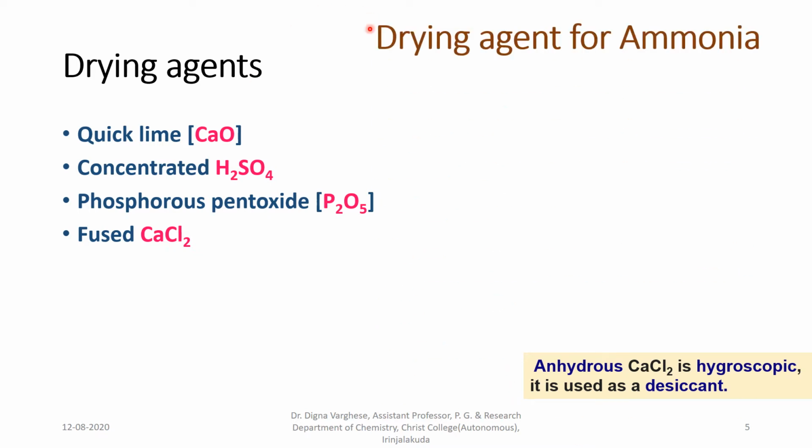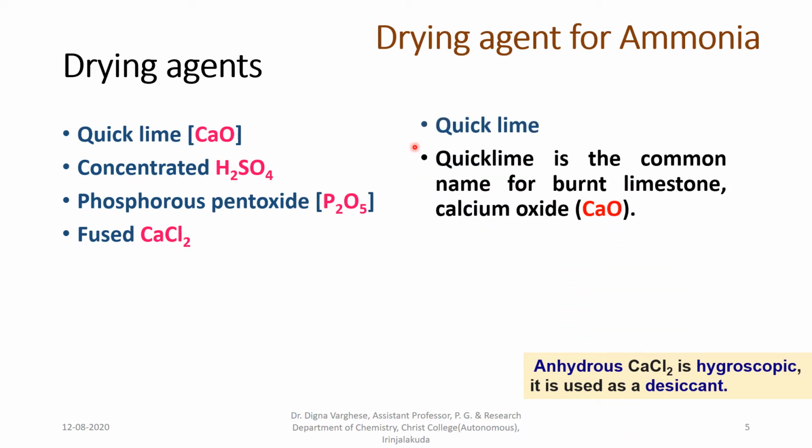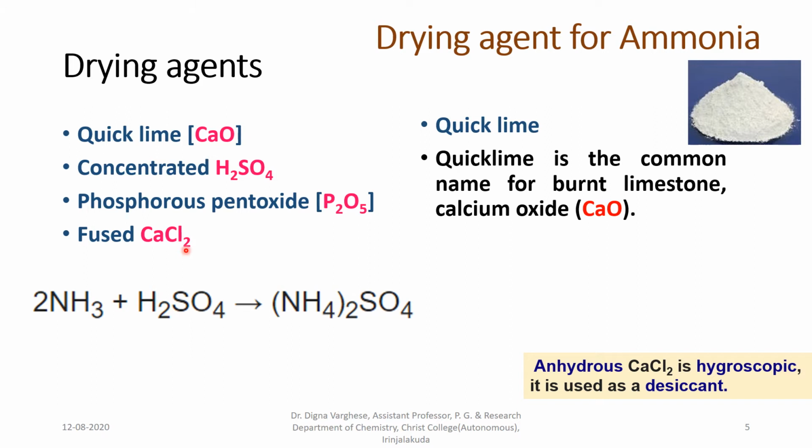But the drying agent for ammonia is quicklime. Quicklime is the common name for burned limestone, that is calcium oxide. Other drying agents like concentrated sulfuric acid, phosphorus pentoxide, fused calcium chloride cannot be used to dry ammonia because they react with ammonia. If concentrated sulfuric acid is used with ammonia, ammonium sulfate is produced.